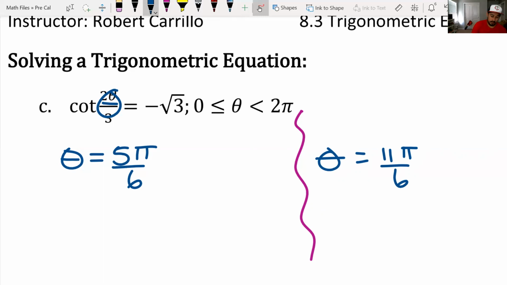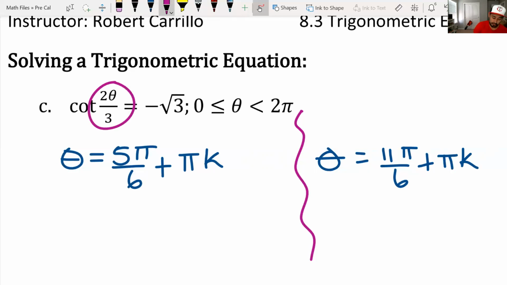Okay, and now, before we plug that in for theta, cotangent is just like tangent, it repeats itself every pi k. All right, but again, it wasn't theta, it was 2 theta over 3, so that goes in for theta.